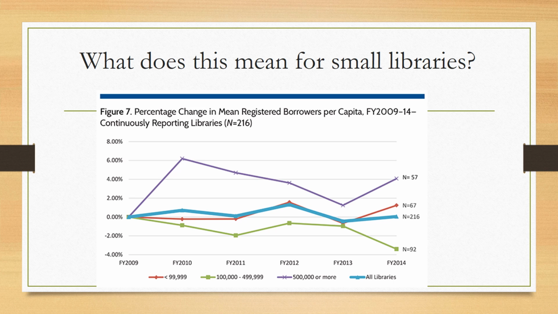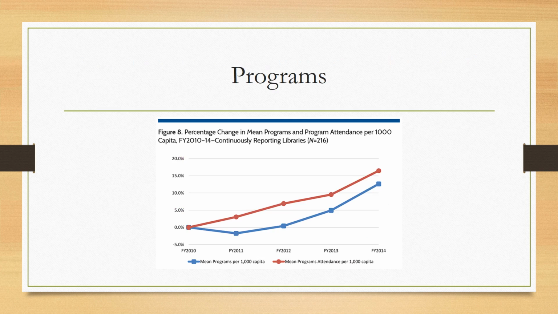And so I think that's why you see a trend in very small libraries being up, very large libraries being up, but sort of medium libraries being down. But that's just my interpretation of this. And it affects how you're going to maybe construct what collections your library has.